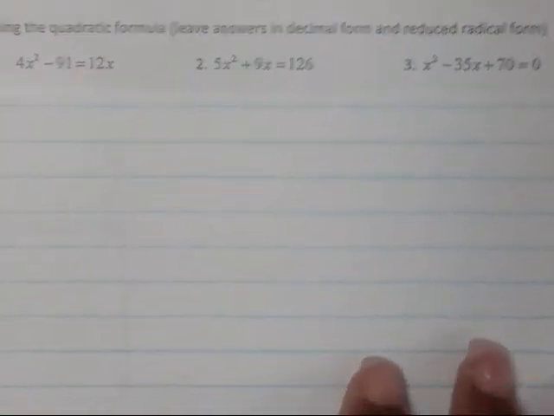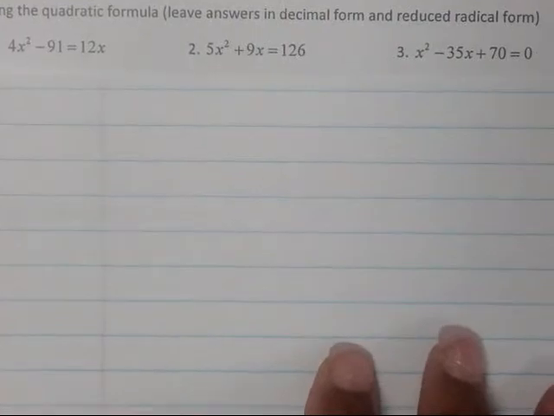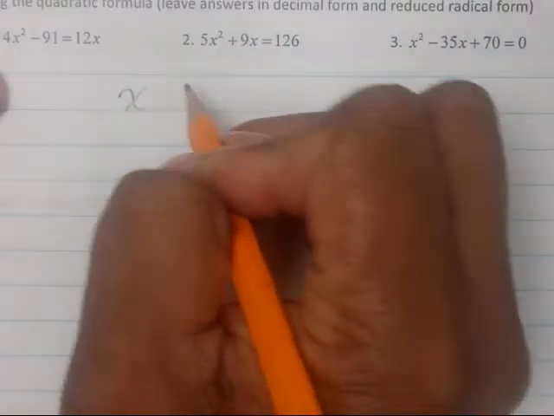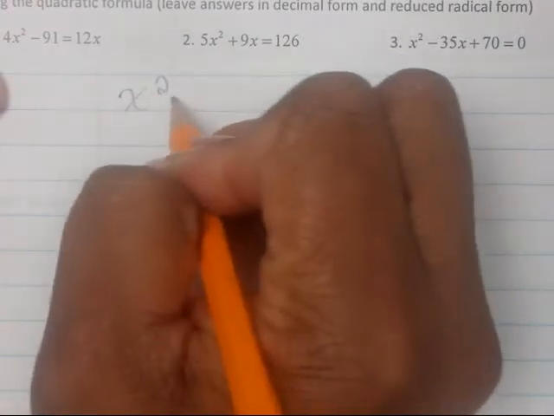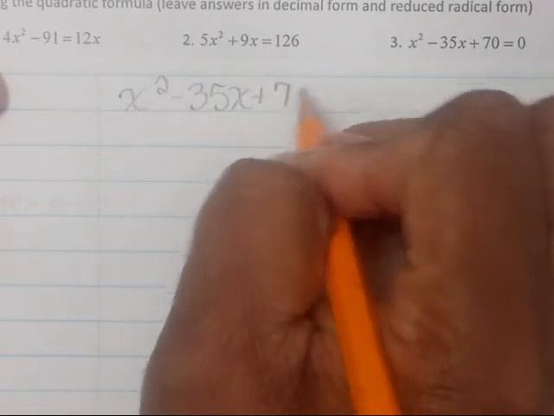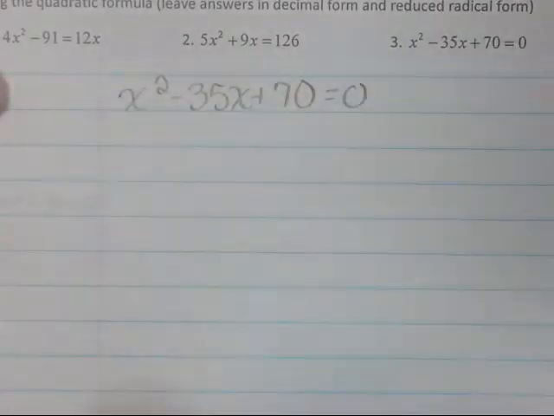So now let's look at question number 3. Question number 3 reads x squared minus 35x plus 70. This equation has already been set equal to 0.